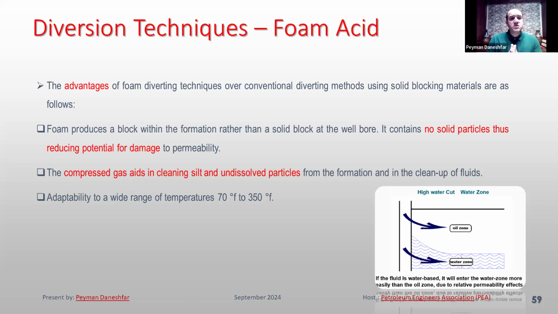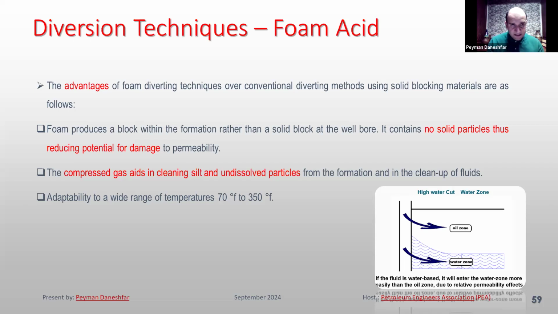Here, the advantages of the foam diversion technique over conventional diverting methods using solid blocking material are as follows. Foam produces a block within the formation, rather than a solid block such as a ball sealer or particulate.